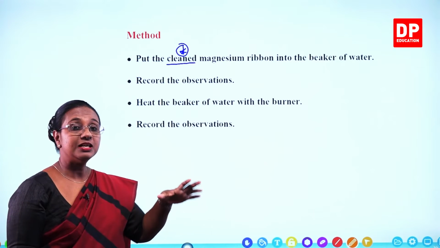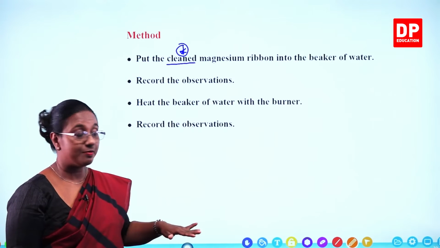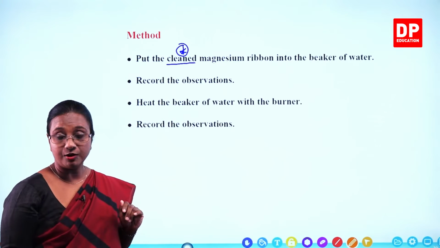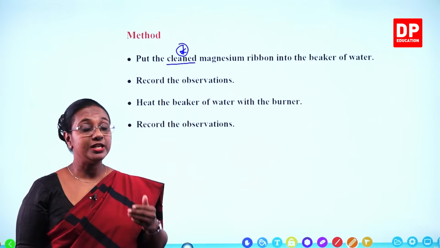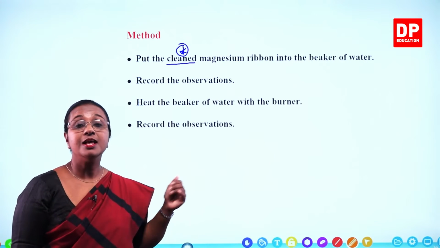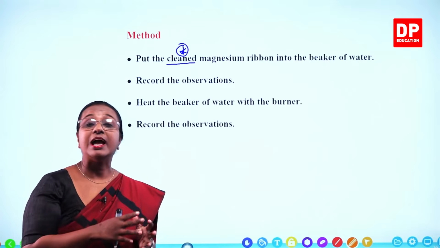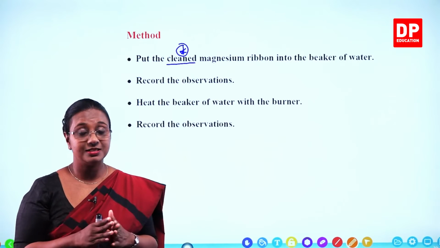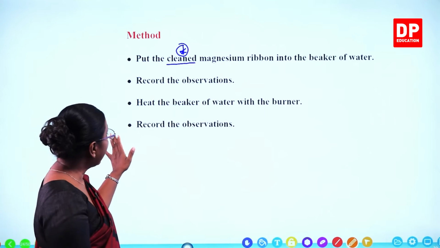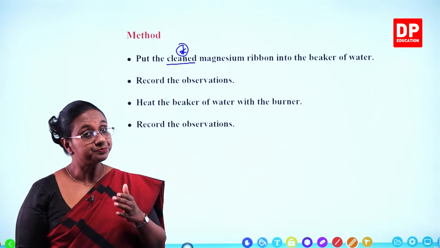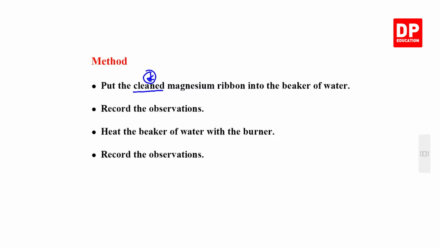Using the Bunsen burner and the tripod with the wire mesh, you can heat the beaker of water. Otherwise, if you use the boiling tube containing water and the magnesium strip, you can heat it directly on the Bunsen flame. So either way, we need to heat the water and then you need to record the observations. So here we will be looking at the reaction of magnesium with cold water.